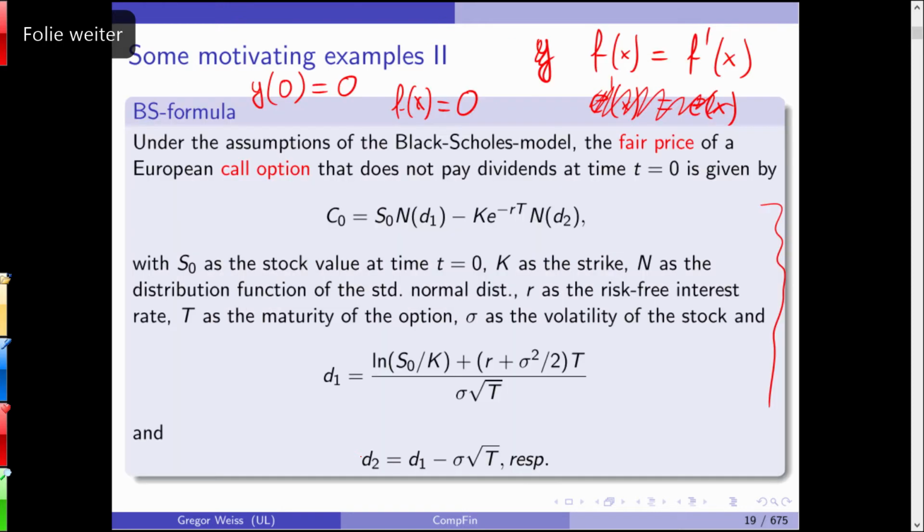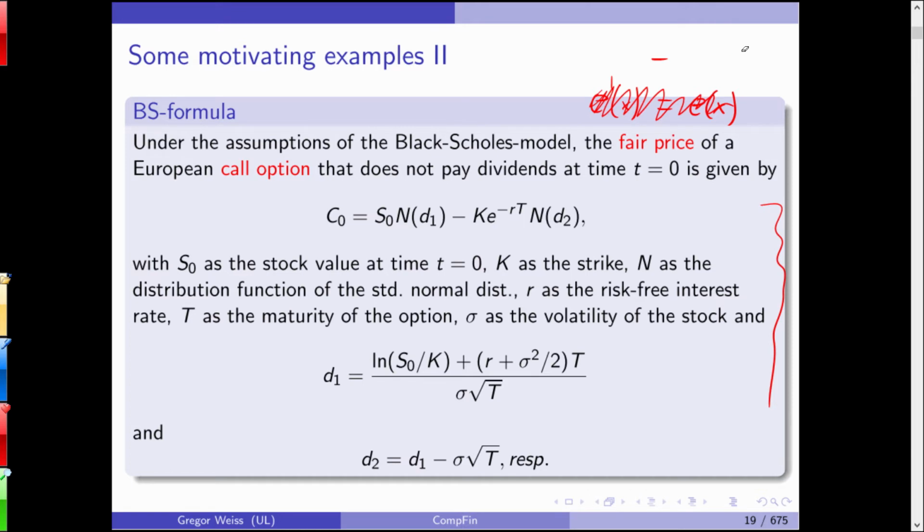But now, let's forget this and simply take as a fact that this is the solution of the Black-Scholes model, and this is a price formula for a European call option.